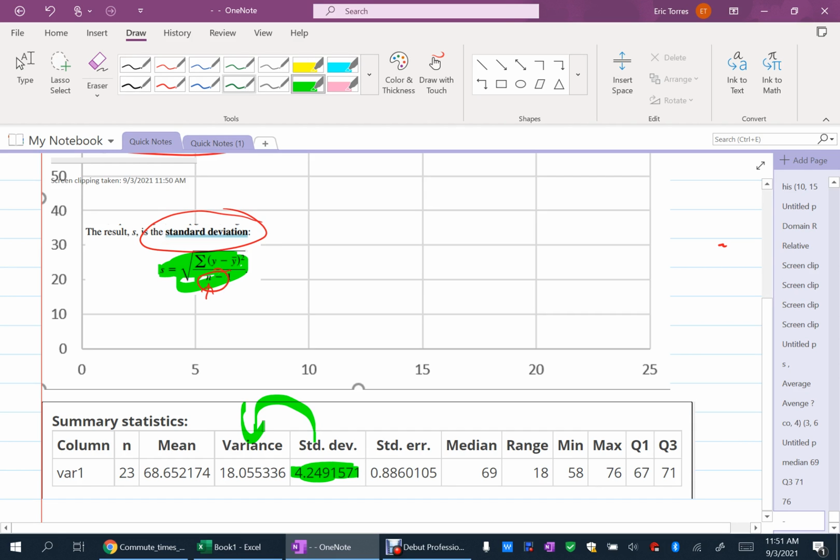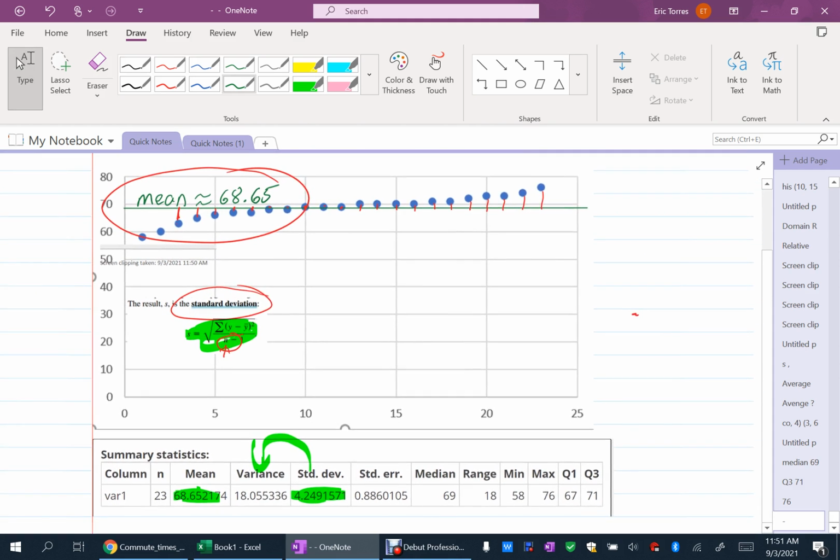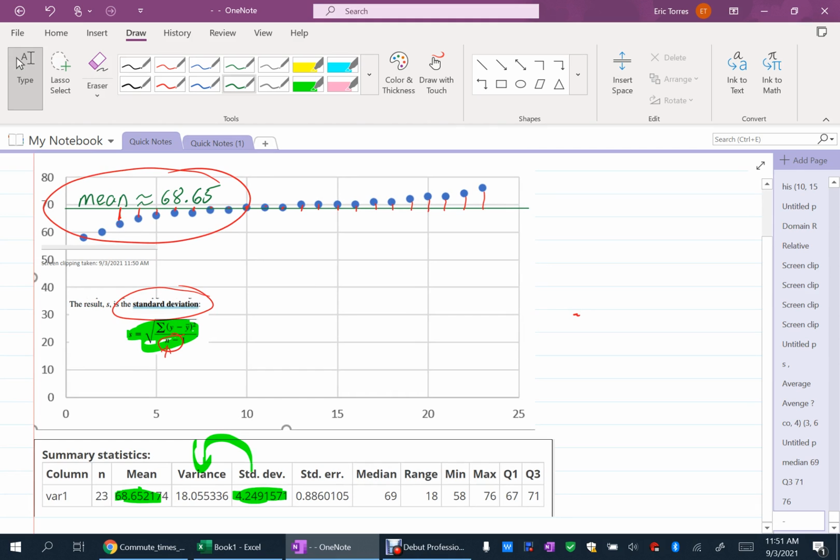If you know one, you know the other. And basically, we have our mean, 68.65, which we see on the graph.